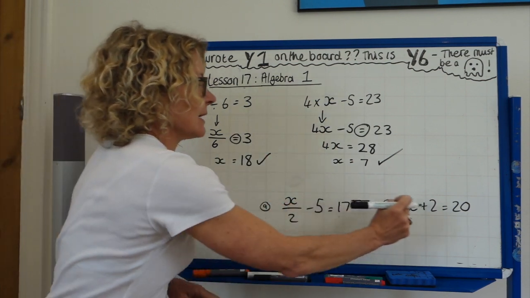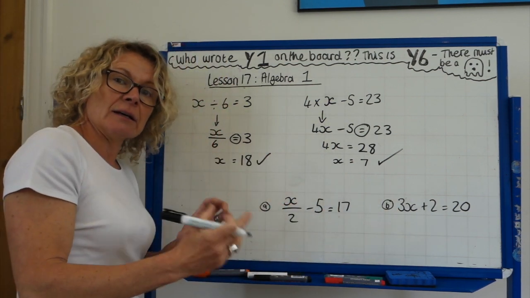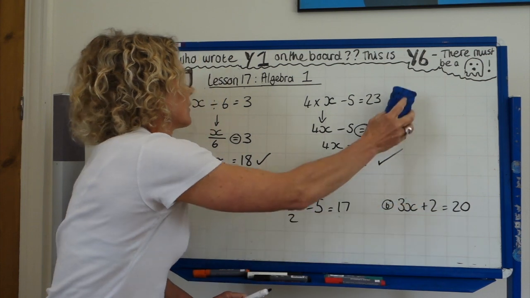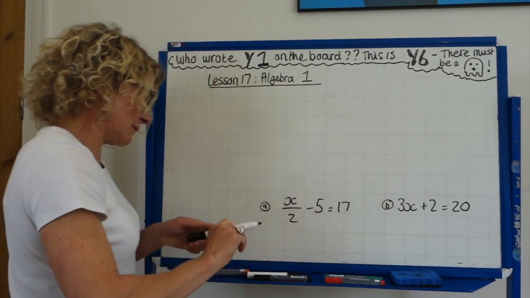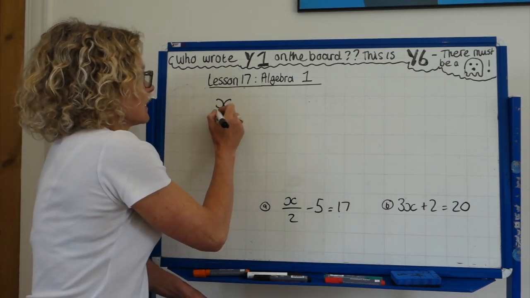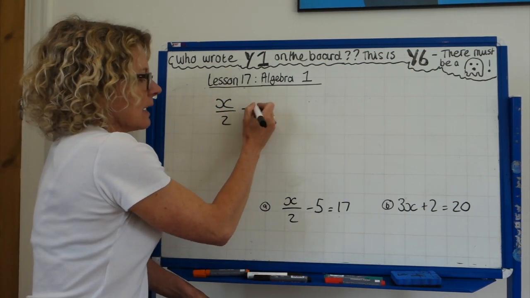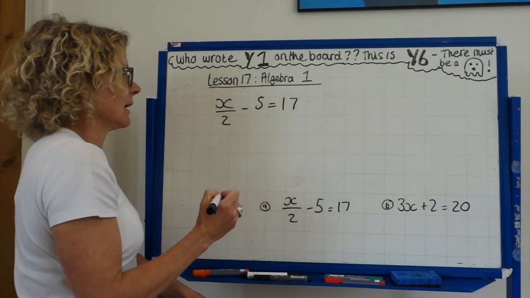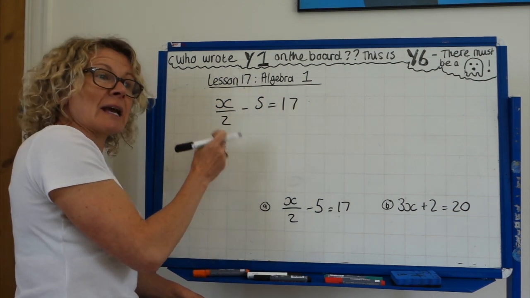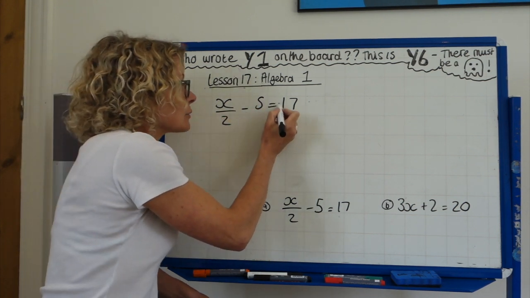Right, let's do these two here together. Then I'm going to set you some work. I'll just take those off. And I'd written those down so I didn't forget them. X divided by 2 minus 5 equals 17. Okay, so x over 2 means x divided by 2. Equal sign is here.